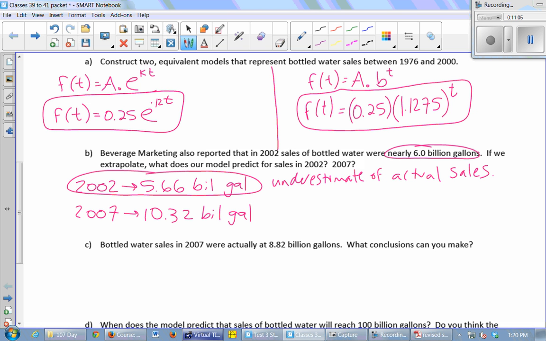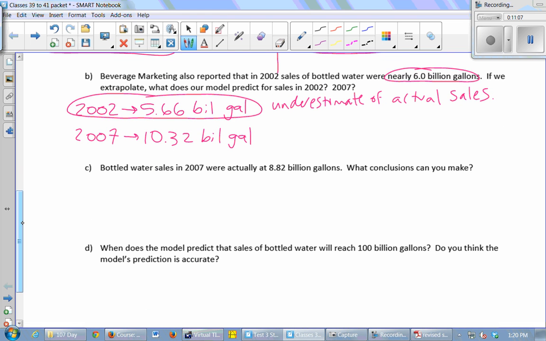All right, so for 2007, we're predicting 10.32 billion gallons. In 2007, we actually sold 8.82 billion gallons. So who's we? The bottled water industry. They did not do as well as they had predicted. But the Earth is like, yeah, they're slowing down.